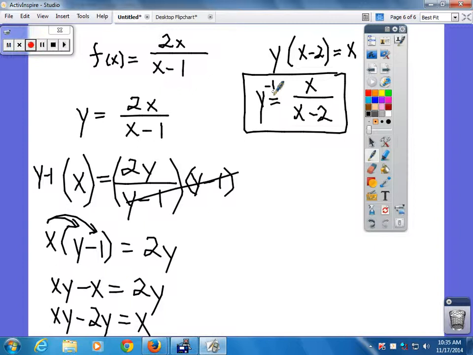Yeah, you can say this is G of X. So they don't equal each other, what do you do? If they don't equal X on both of them, then they're not a one-to-one function.